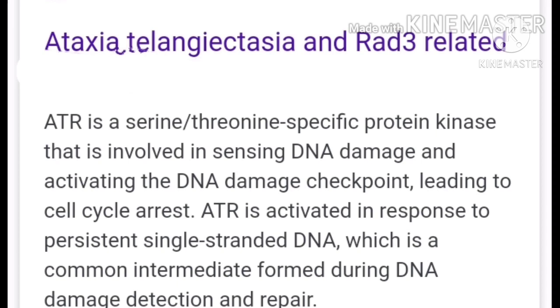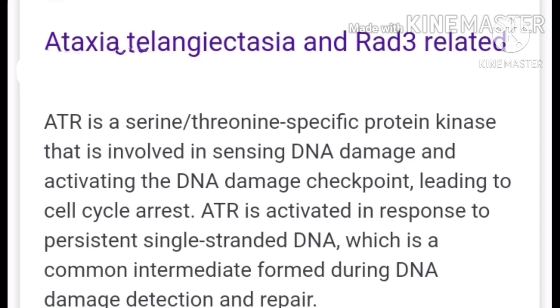The main point is that ATR is activated in response to persistent single-stranded DNA, which is a common intermediate form during DNA damage detection and repair. So this ATR protein kinase is mainly concerned with the sensing of what? DNA damage. Thereby it leads to what? Cell cycle arrest.